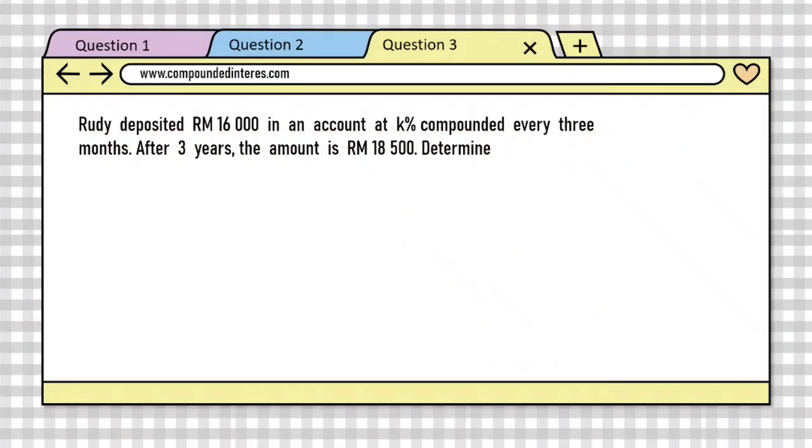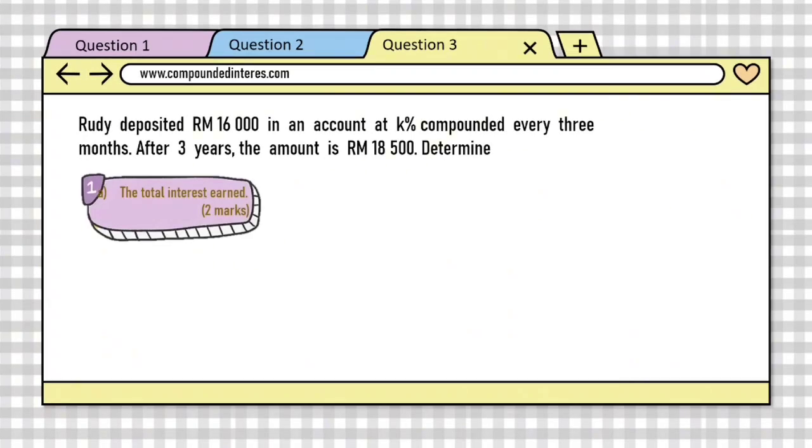Question number 3. Rudy deposited RM16,000 in an account at K% compounded every 3 months. After 3 years, the amount is RM18,500. Determine A, the total interest earned, and B, the value of K. We'll start off by solving question A, which is finding the total interest earned.